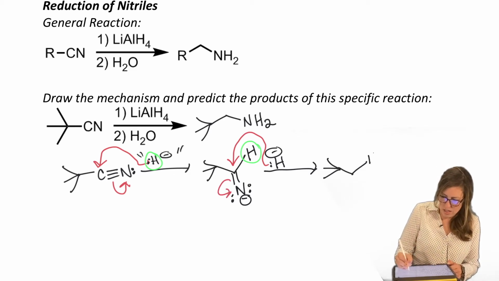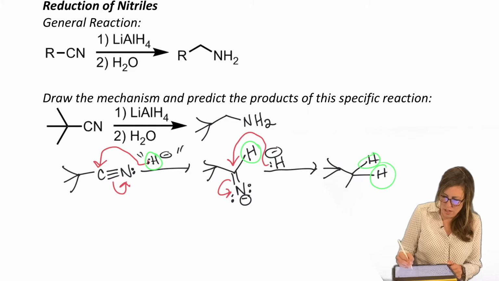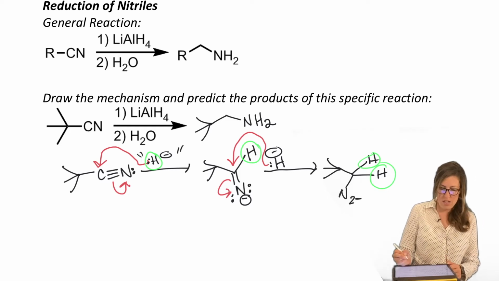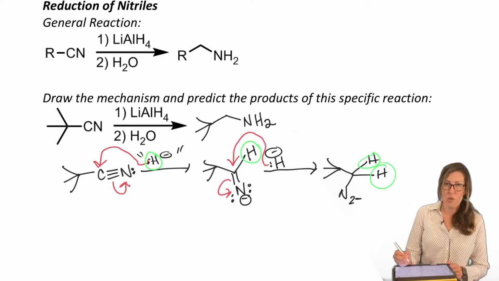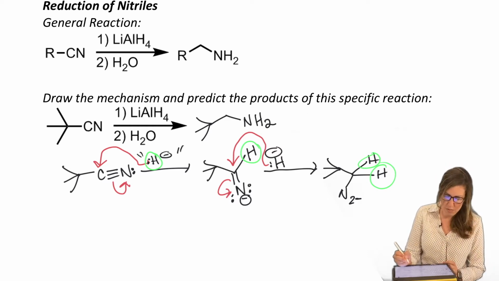and now we have our two H's, and we have a dianion, N2 minus. Very unusual because that's not stable. Remember, when we increase the magnitude of the charge, that escalates the reactivity and destabilizes it.